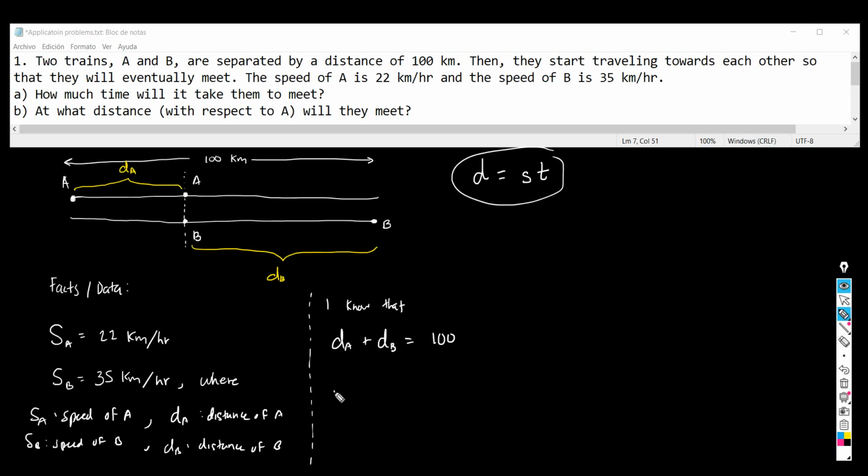So I can write this: the distance traveled by train A is equal to the speed of A times the time. And similarly, the distance covered by B is equal to the speed of B times the time. So I have three equations: equation 1, equation 2, equation 3. It's always a good idea to label the equations, okay?